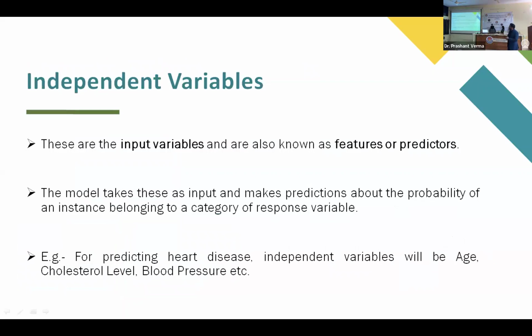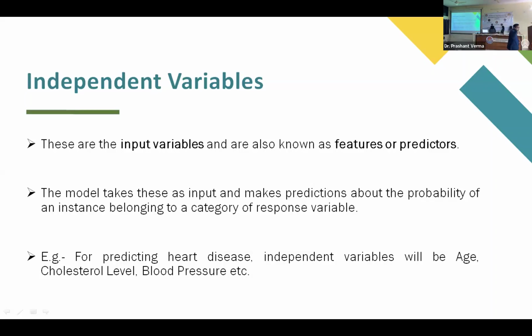Okay, as we discussed, the independent variables are those that affect our dependent variable. It can be either categorical or continuous in case of logistic regression. The second point is the model takes these as input and makes predictions about the probability of an instance belonging to a category of the response variable.